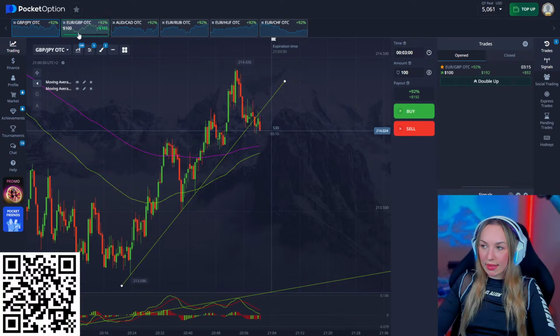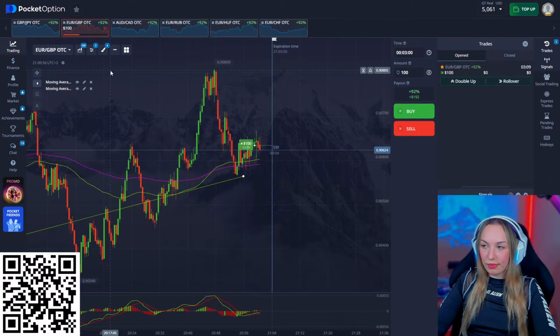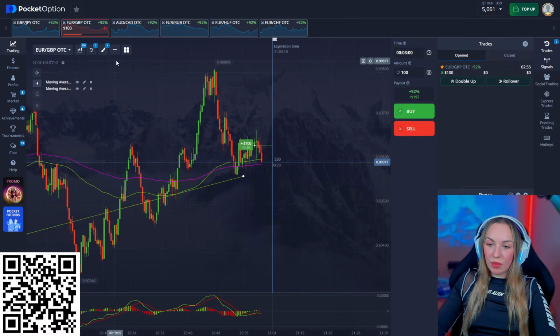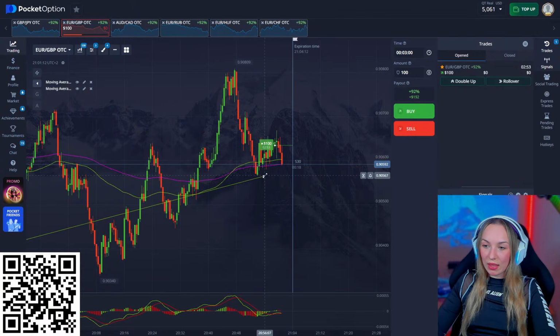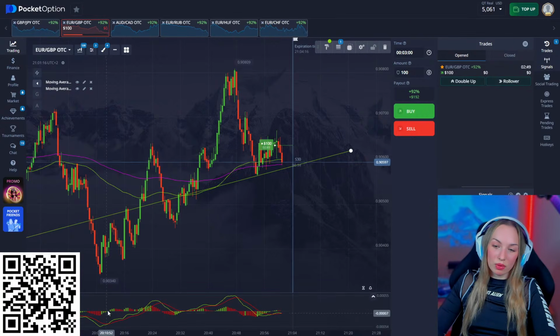Let's see. 3 last minutes here. As you remember the previous time, the price needed 10 minutes to start going up, to reach the top.